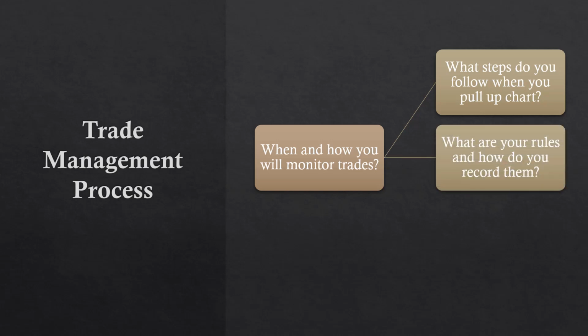Next thing is, what are your rules and how do you record them? If you can't track it, you can't manage it. I said that already. So you should have rules, and then you should have how you're going to record them. For the longest time, when I got into some trades and they were successful, this was so frustrating. If you've ever had this happen, it can be frustrating: you have a series of winning trades, but you really don't know how you discovered those trades. When I first started trading equities, that happened consistently because I was using so many scanners.